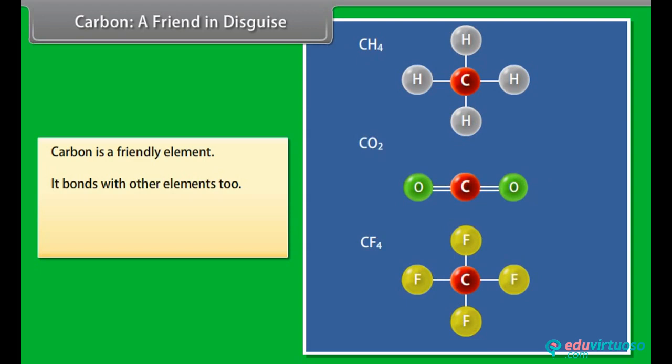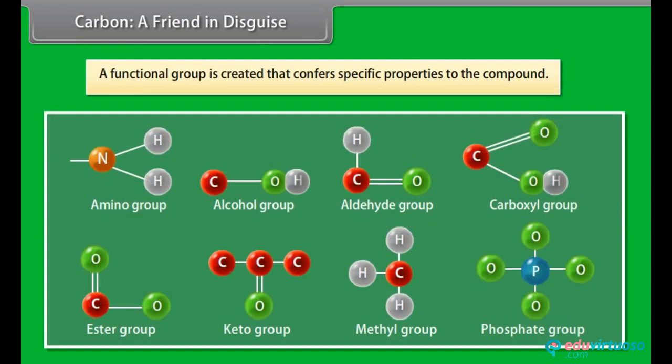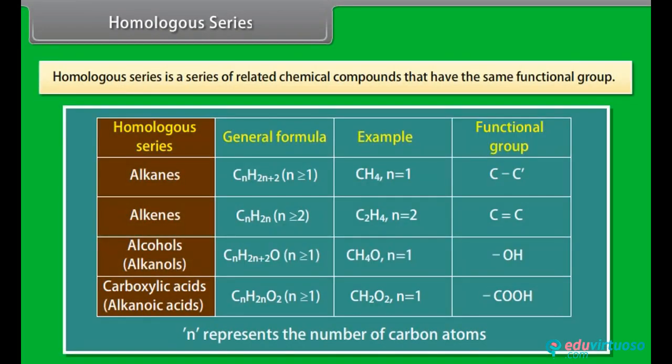However, instead of hydrogen, the other element is used, and this element replacing hydrogen is called a heteroatom. A functional group is created that confers specific properties to the compound without considering the length and nature of the carbon chain. Homologous series.